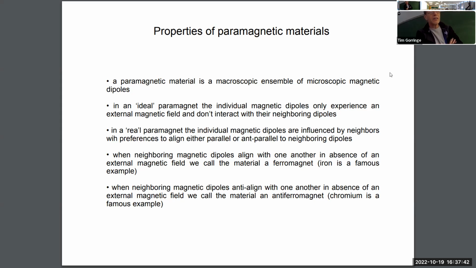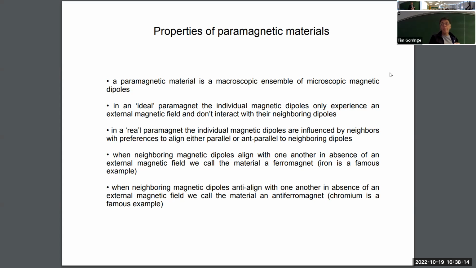The way we think of an ideal paramagnetic material is that those atomic magnetic dipoles are influenced by an external magnetic field, but they really don't interact with one another, don't talk to one another. So that's what we might call an ideal paramagnetic material.